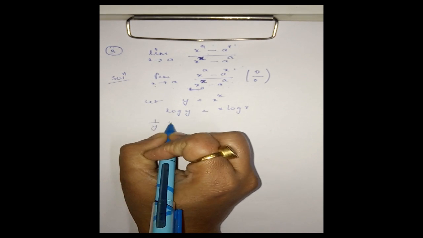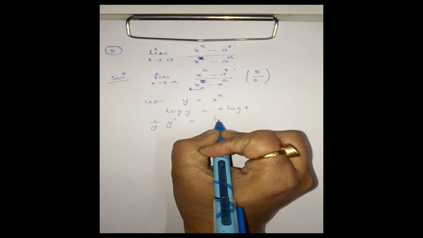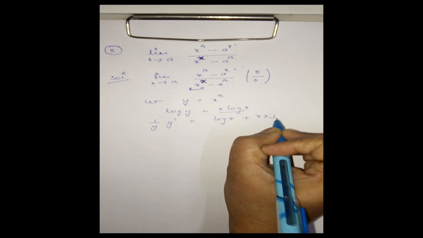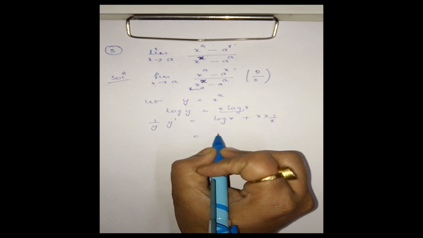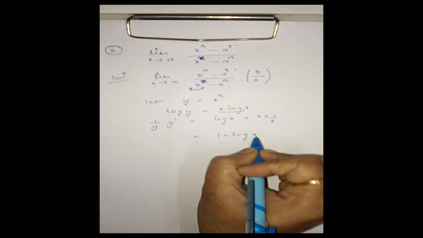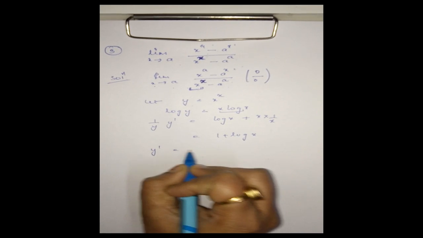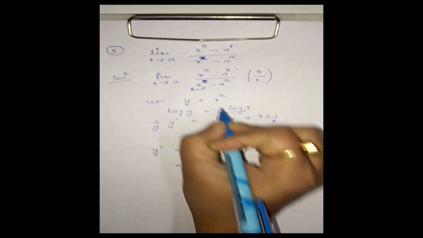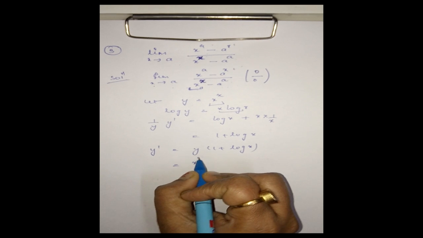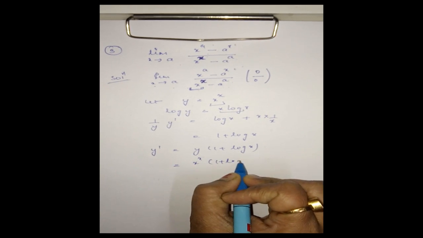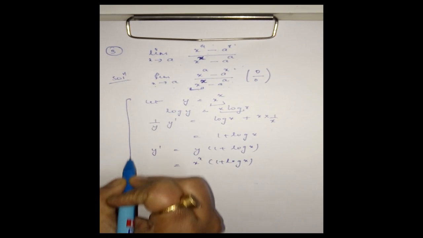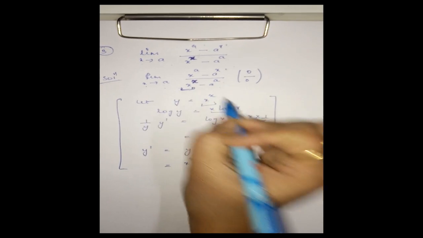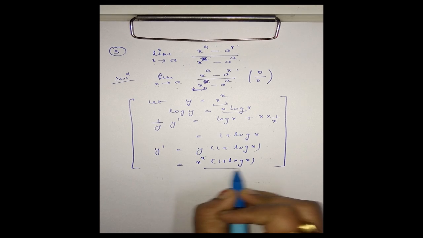And on differentiating this, we get log x plus x into 1 by x, that is, 1 plus log x. That means y dash is y into 1 plus log x, that is, x power x into 1 plus log x. Hence, the differentiation of x power x with respect to x is this.